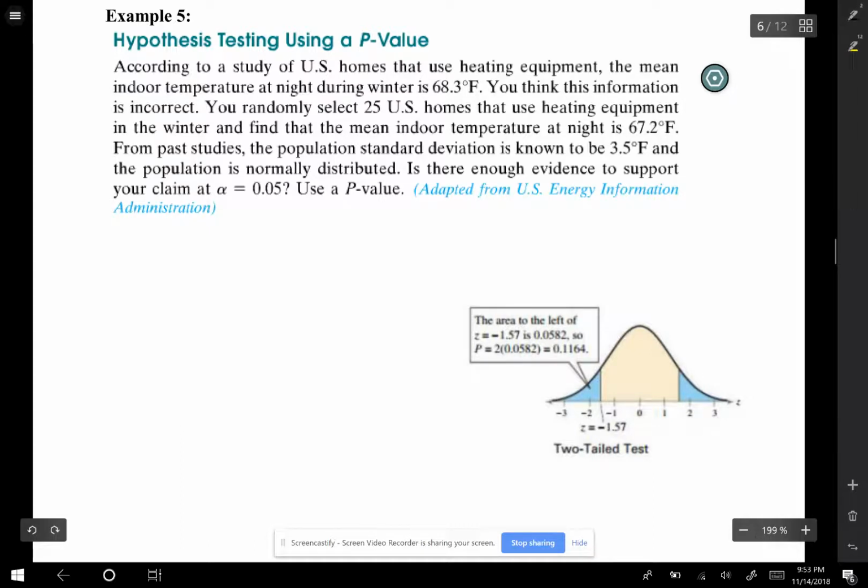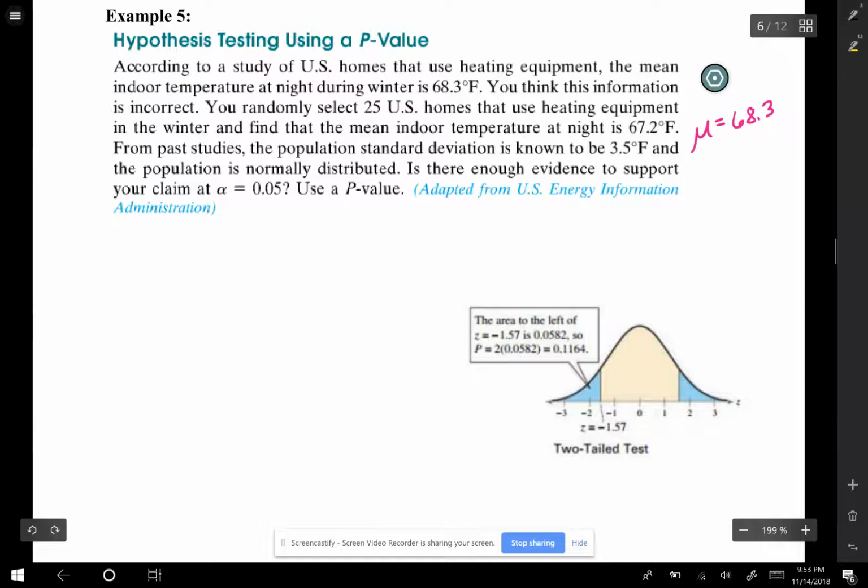That's according to a study. So we're going to say the mean is equal to 68.3. According to the study, that's the claim. You think that this information is incorrect. So in other words, we want to find proof that that's wrong.